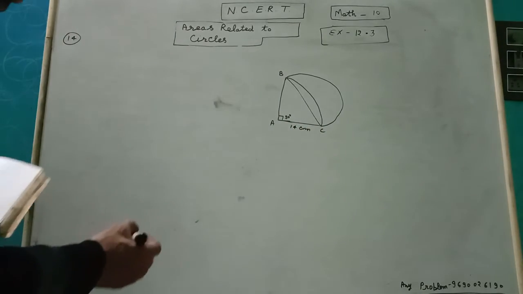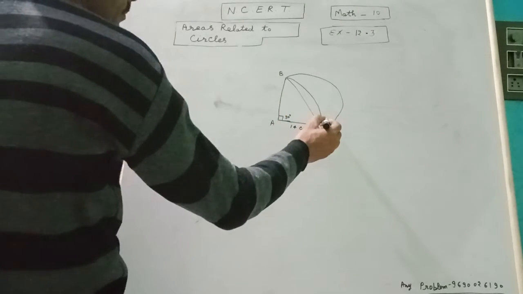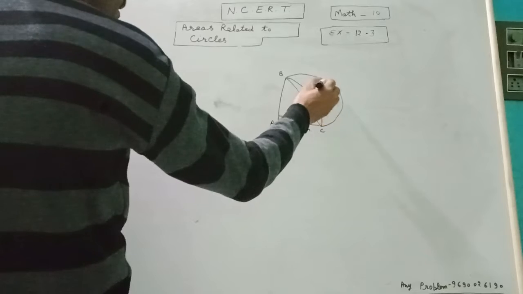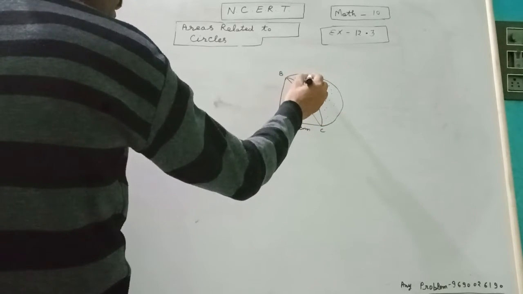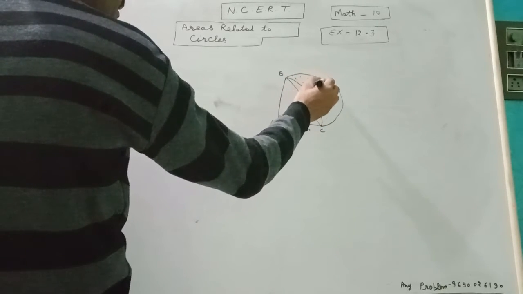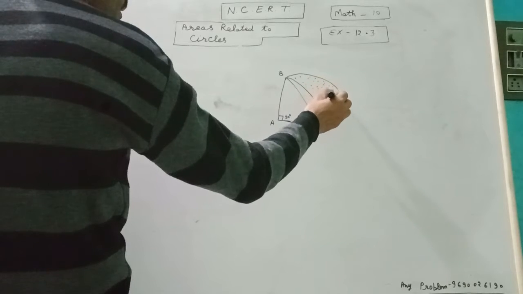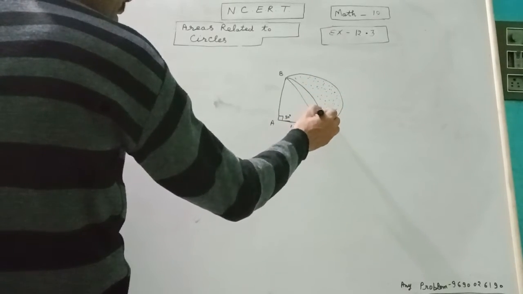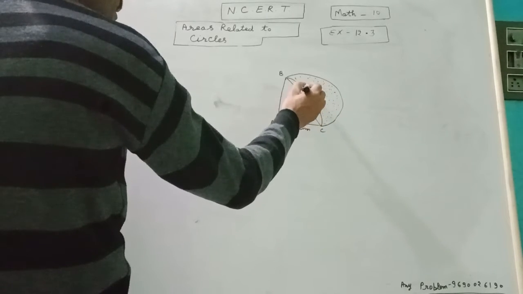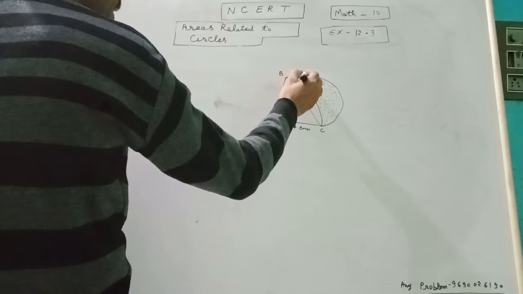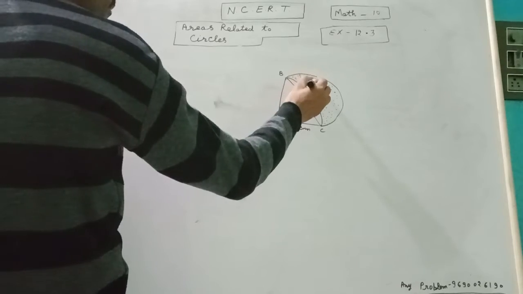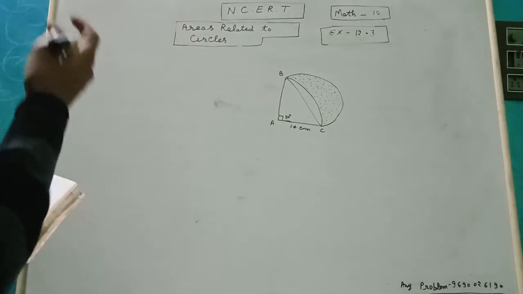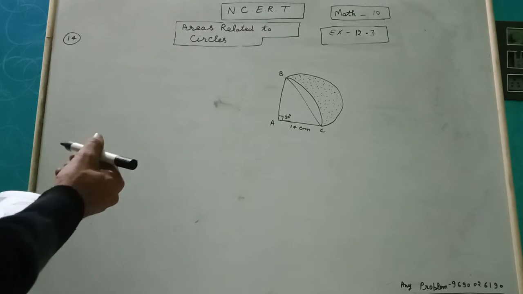We find the area of this part. This part will be three figures: one a right triangle, one a sector, and one a semicircle.